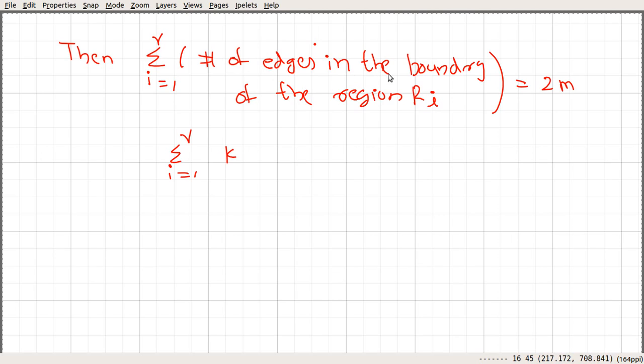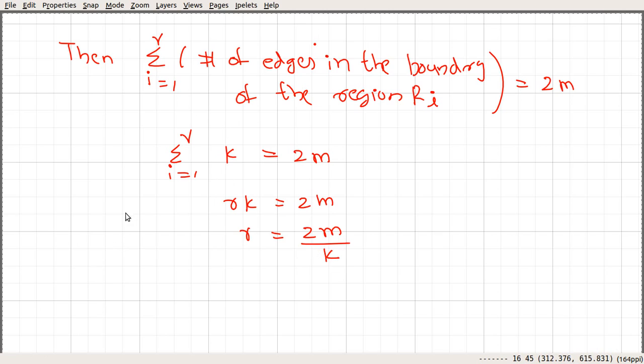The number of edges in the boundary of the region Ri is k, so that is going to be equal to 2m. Okay, so this is independent of i, so that says we have rk equal to 2m, and from this we can find the number of regions, that is going to be equal to 2m divided by k. Okay, so we found the number of regions in that particular graph.